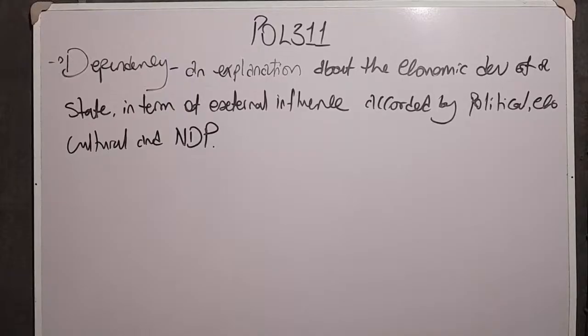It says we have a body of social science theory predicated on the notion that resources flow from a periphery of poor and undeveloped states to a core of wealthy states, enriching the latter at the expense of the former.